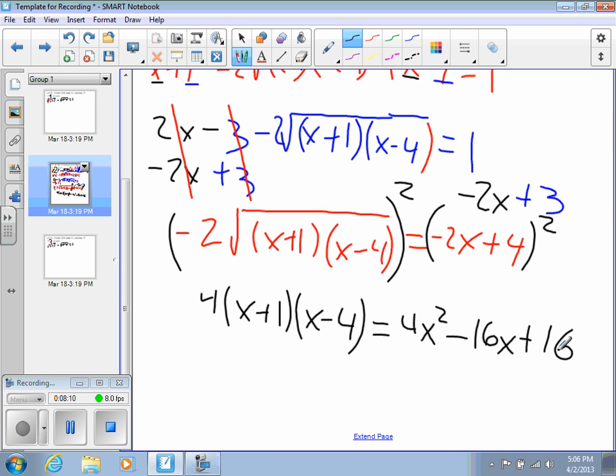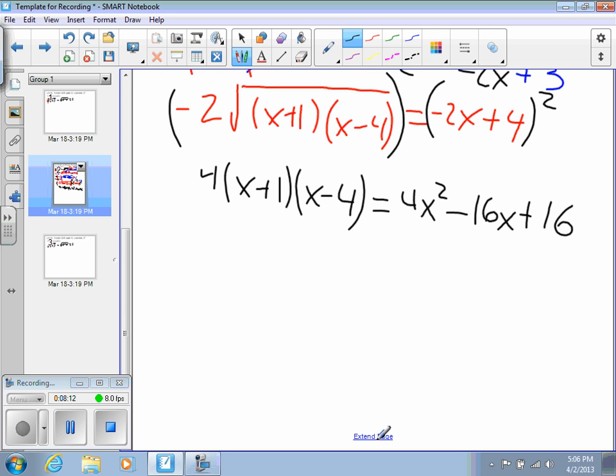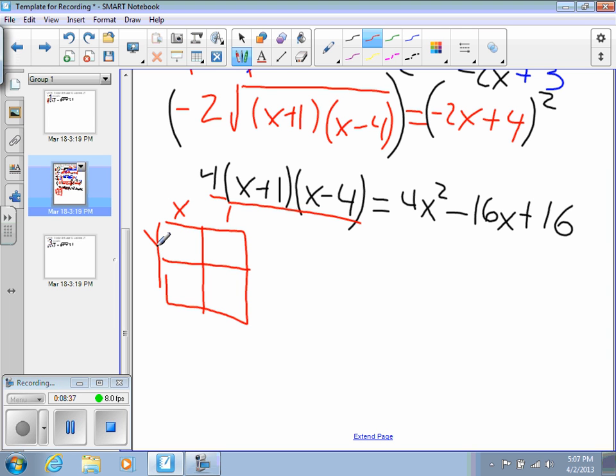Okay. So what do we need to do here? We need to multiply out this part. And for that matter, we'll multiply by that, but we can wait on that for a minute. Let's use our box. And we've got x plus 1 and x minus 4.